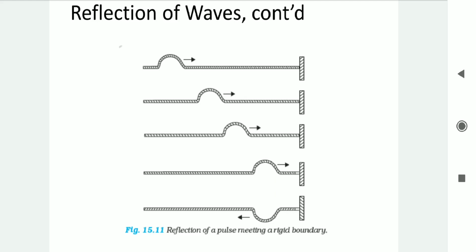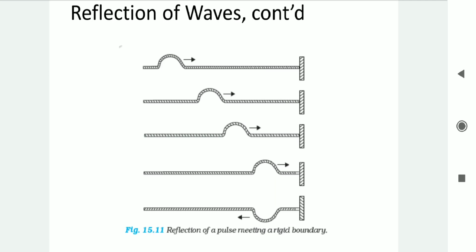This is because the boundary is rigid and the displacement there is 0 at all times. Using the superposition law, this is possible if the reflected and incident waves differ in phase by pi, so the resultant displacement is 0.